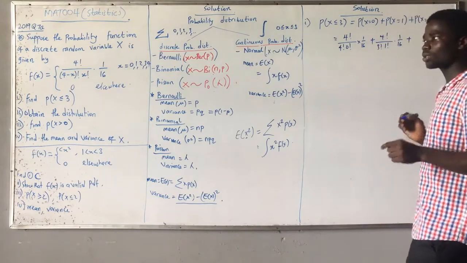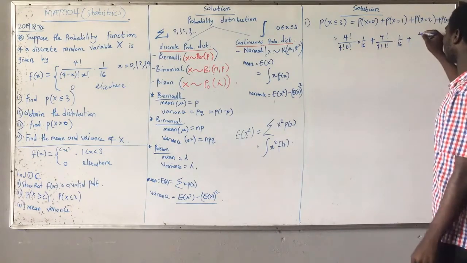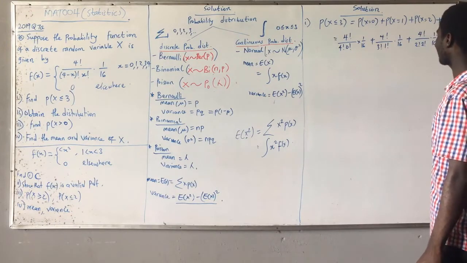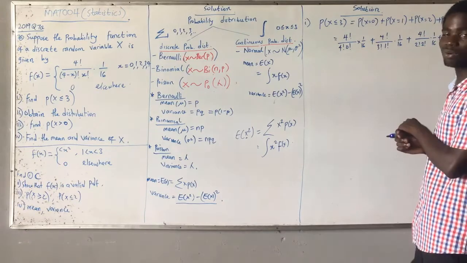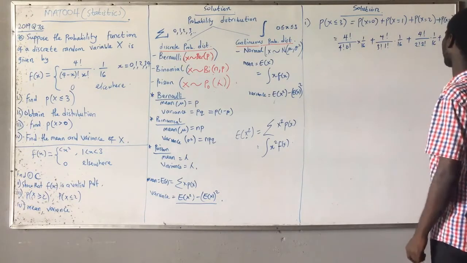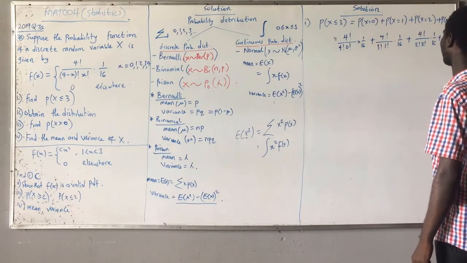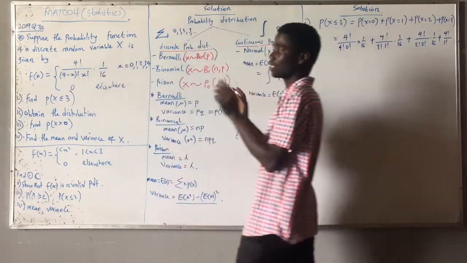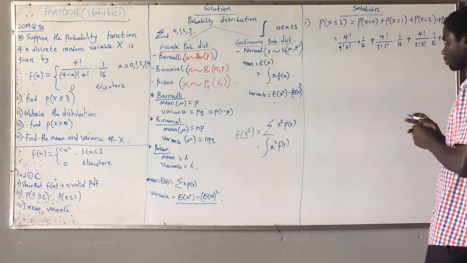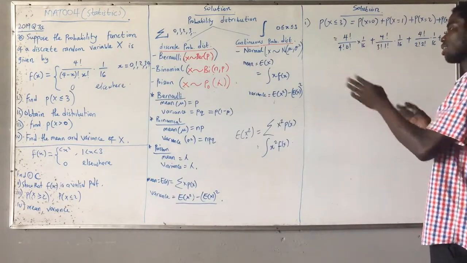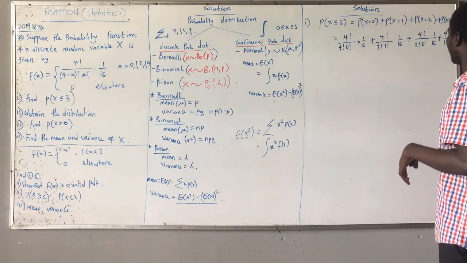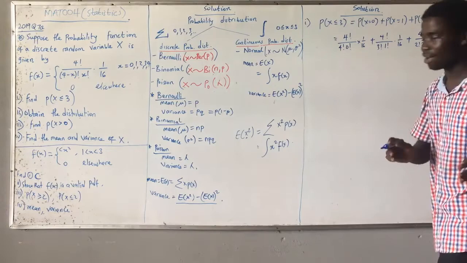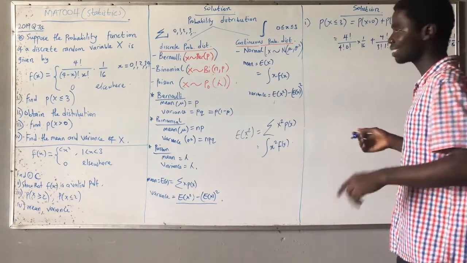Plus x equals 2: 4 factorial over 2 factorial, 2 factorial, multiplied by 1 over 16. Plus the last one, x equals 3: 4 factorial over 1 factorial, because 4 minus 3 is 1, 3 factorial, multiplied by 1 over 16. I'm just putting values here. So we will sum all this together and get the answer.